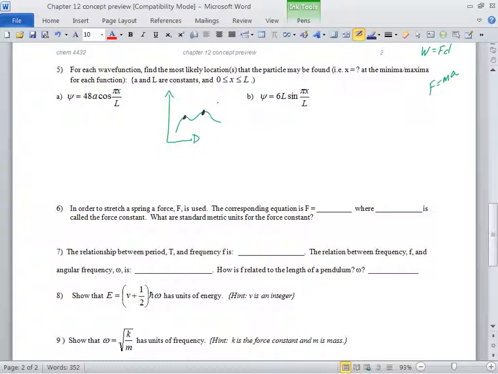Inflection, meaning it changes curvature, is second derivative. But let's just do first derivative. It seems easier. So find the slope of that line and set it equal to 0. So we have to take the derivative and set it equal to 0.